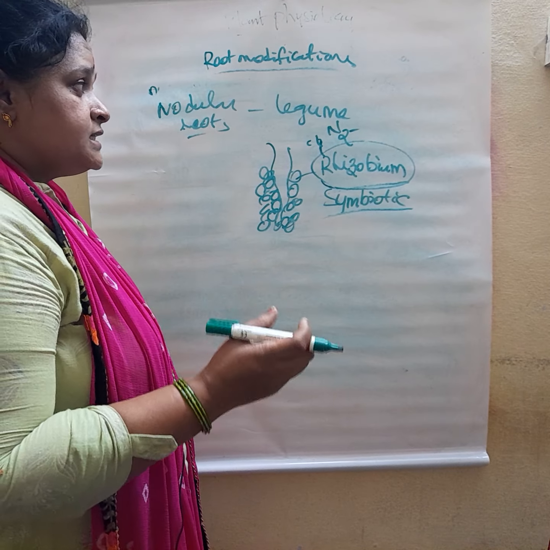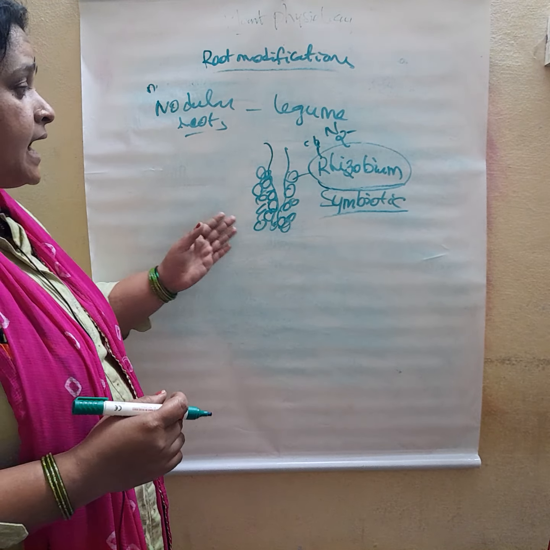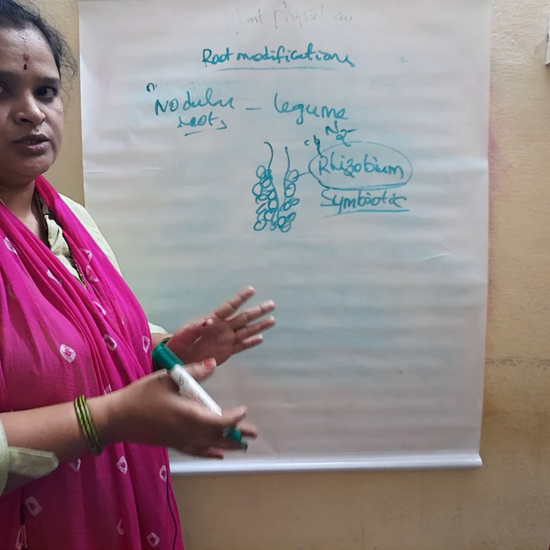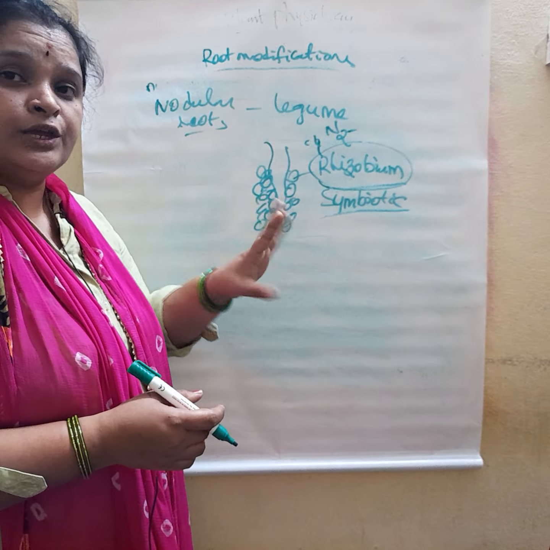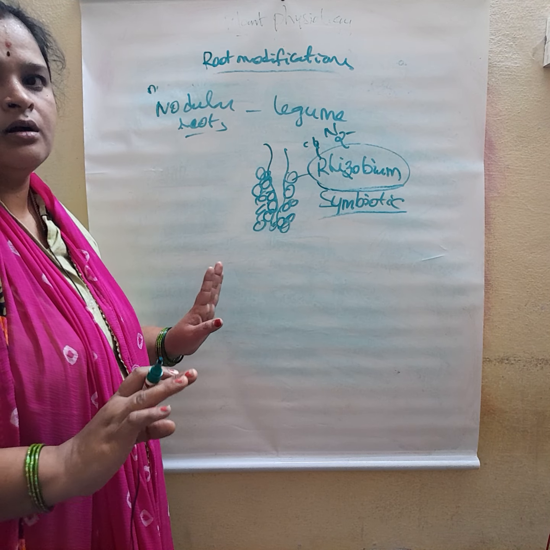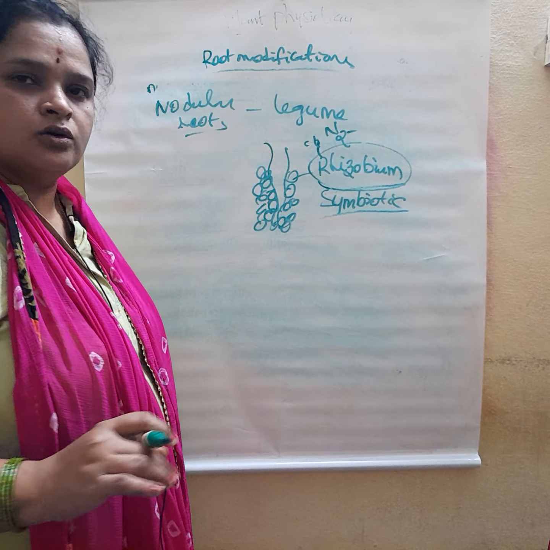This bacteria gives nitrogen to the plant and the plant gives shelter to the bacteria. So this is symbiotic association. They are called nodular roots, seen in legume plants. Example: all pulses. So this is an example for nodular roots.